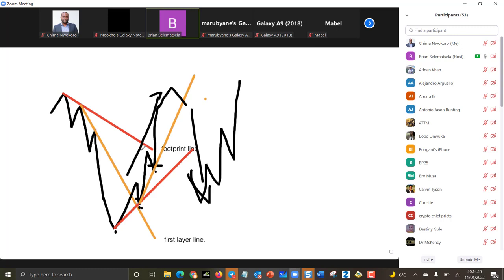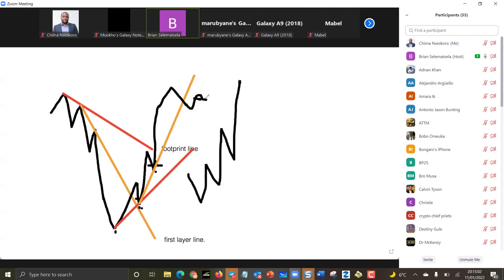So now what we do, we close all the buys and wait for the market to do what? To make a retest and give us a divergence opportunity for what? For a sell.